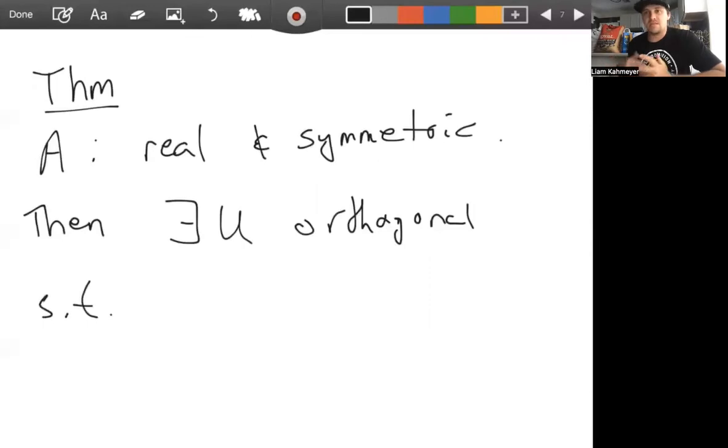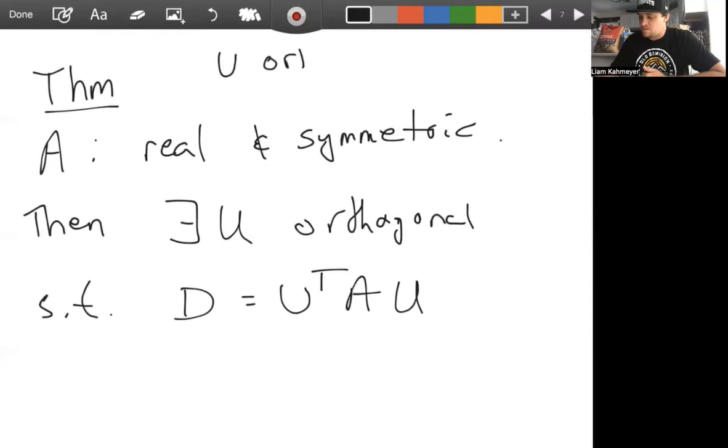We don't really say that, but that's the informal, intuitive way of understanding what's going on here, to a diagonal matrix D such that D is equal to U transpose A U, right? And if you'll recall, for orthogonal matrices, if U is orthogonal, that implies that U inverse is equal to its transpose. So this is very similar to the notion of matrix similarity.